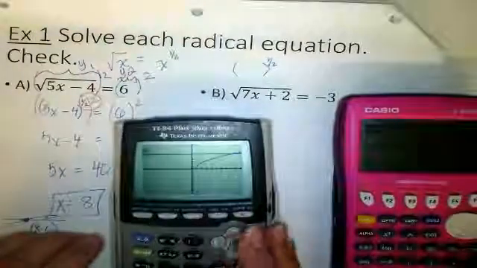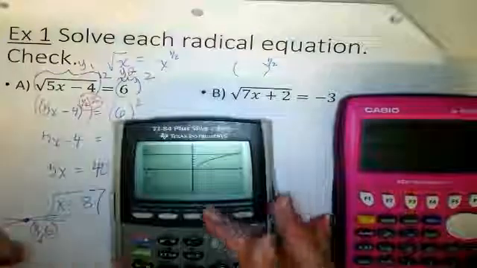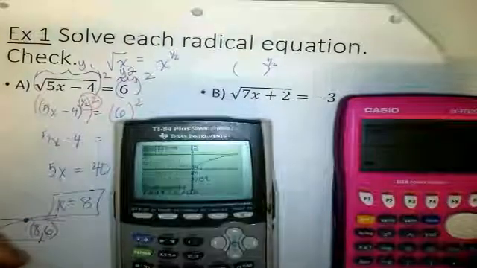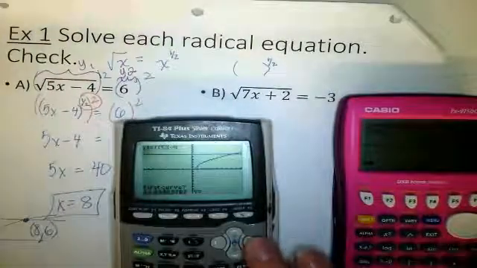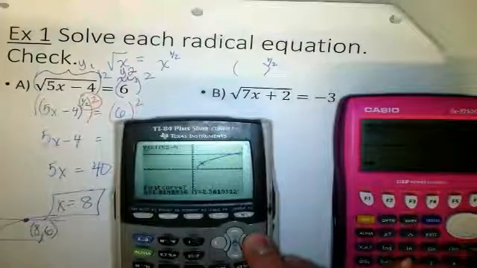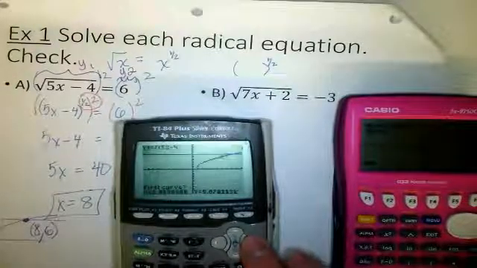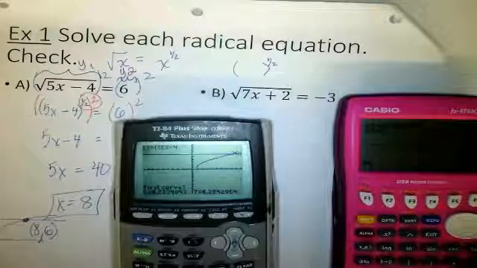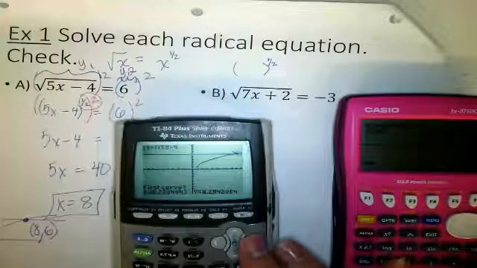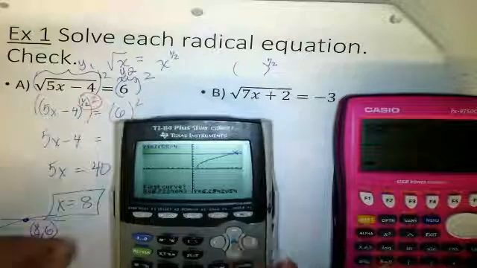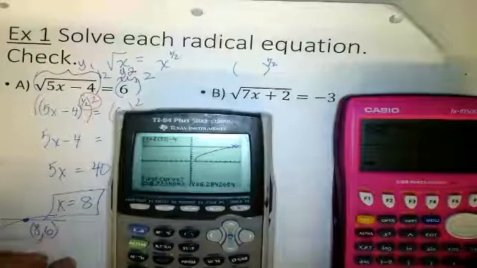So on the TI, do second calculate, intersection. You need to move Tinkerbell with the left and right arrow keys. Move Tinkerbell to that point of intersection with the left and right arrow keys. And then you hit enter, enter, enter.